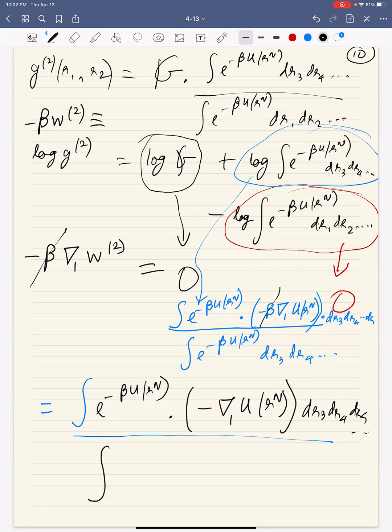In the bottom we have again the same exponential, but this term is missing. The differentials are the same. What does this look like? Is this an expectation value? It's a very special type of expectation value, right? Previously in statistical mechanics, when we had to compute.